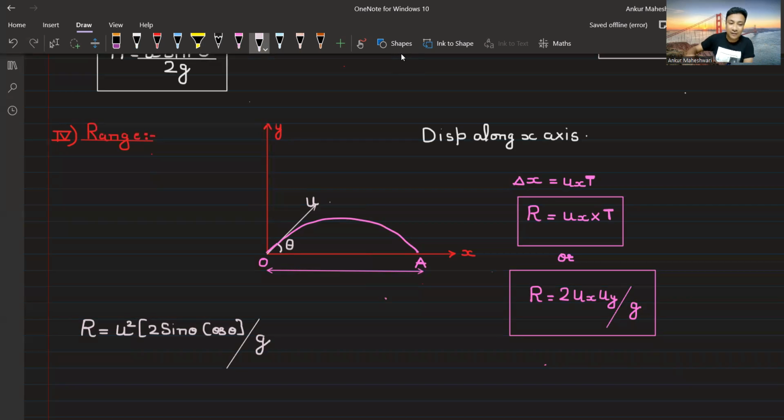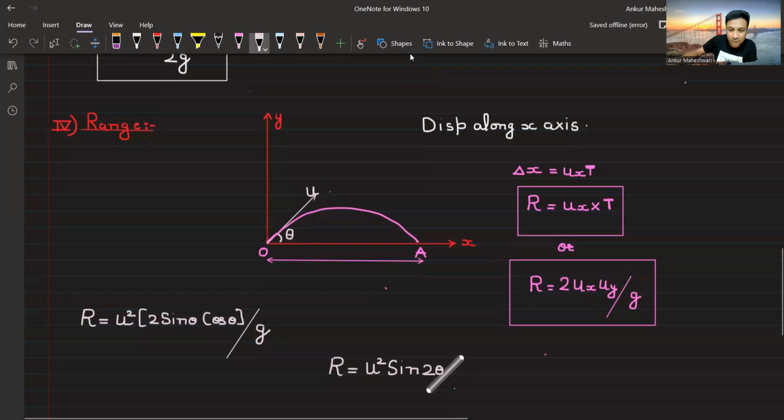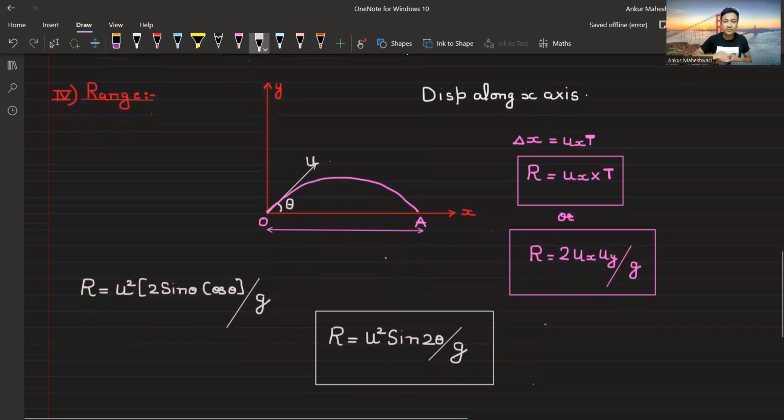Now, by trigonometry, we know that 2 sine theta cos theta is sine 2 theta. So another formula to calculate the range is u square sine 2 theta upon g. Okay, so this is the third form of my range.